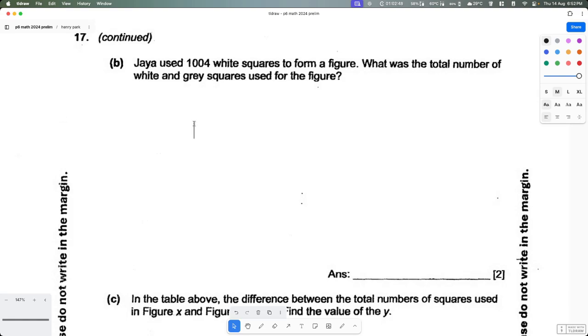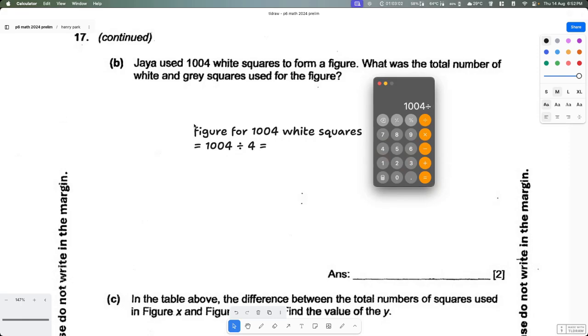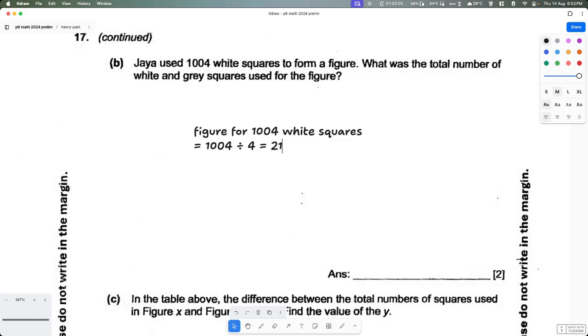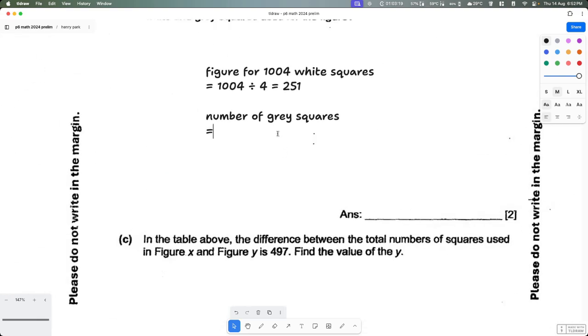Okay, so figure for 1004 white squares is equal to 1004 divided by 4. Okay, so let's do that. 1004 divided by 4 is 251. Okay, so number of gray squares is equal to, in this case it's just figure n times n plus 4. Okay, so 251 times 251 plus 4.